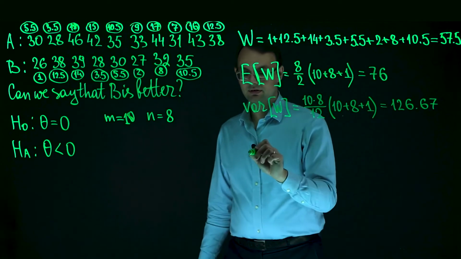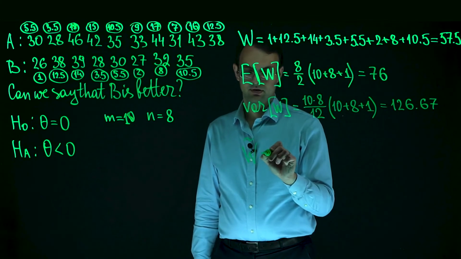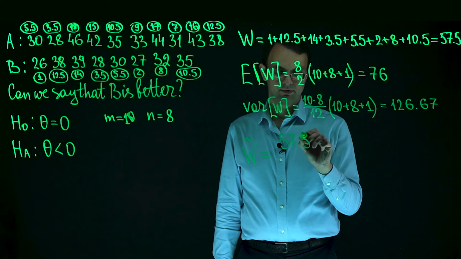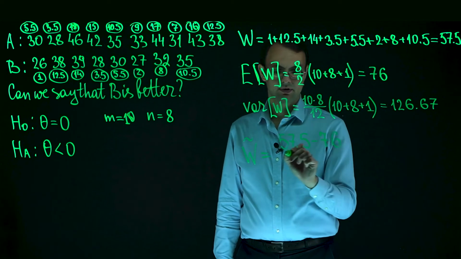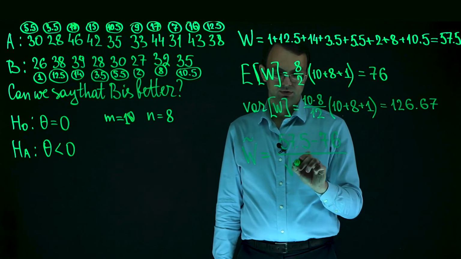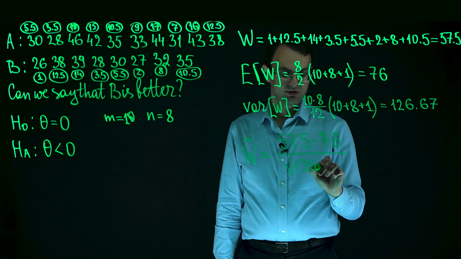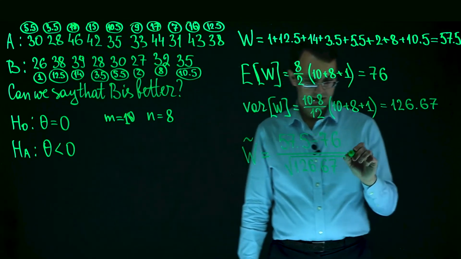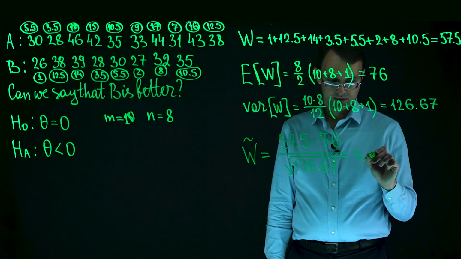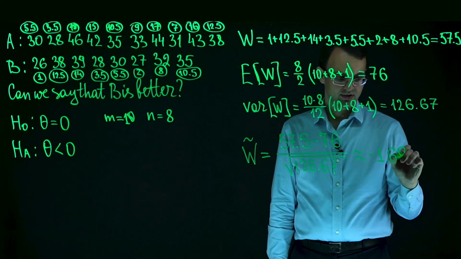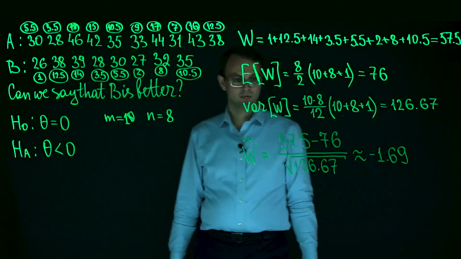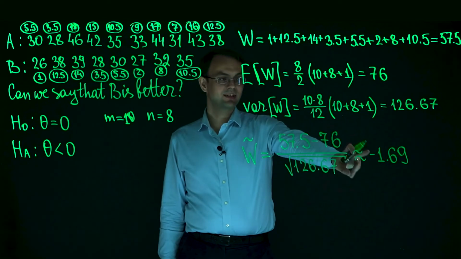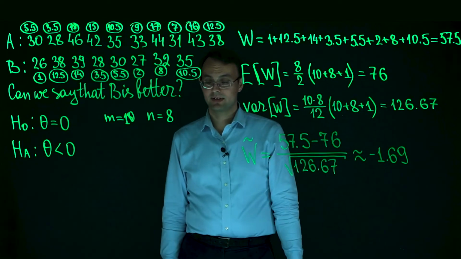And so now the standardized W is 57.5 minus 76 divided by the square root of 126.67. And this is approximately equal to minus 1.69. So this is the observed value of the test statistic.